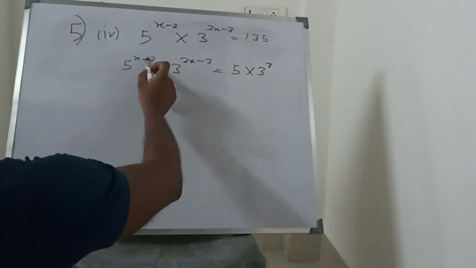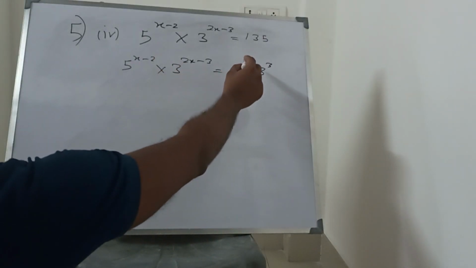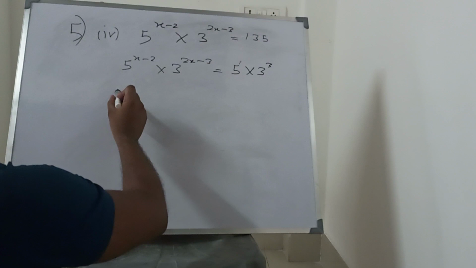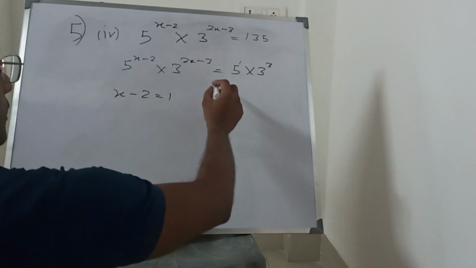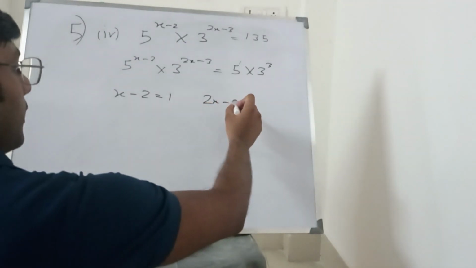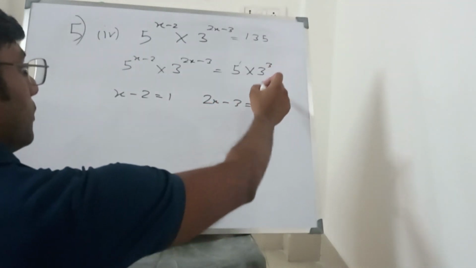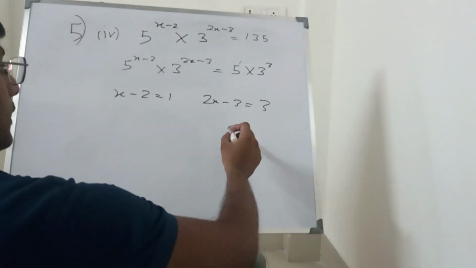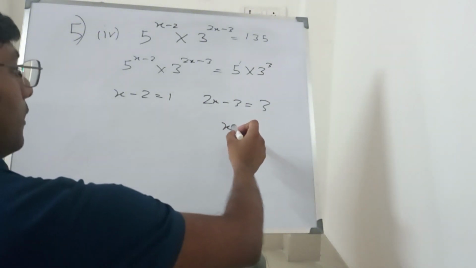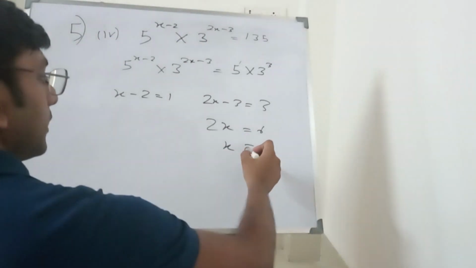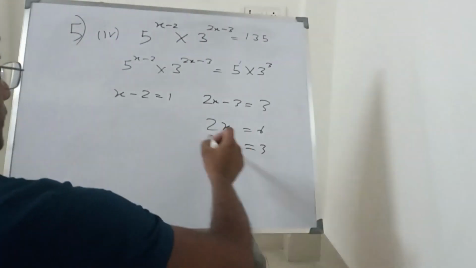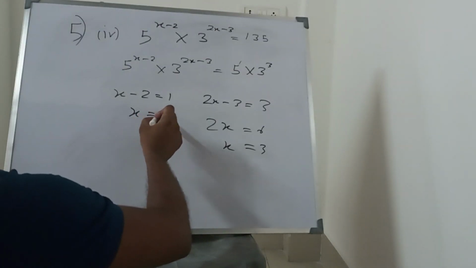So this 5 to the power x minus 2 can be directly compared to this 5 to the power n. So you will get x minus 2 equals 1. Over here, if you compare it, 2x minus 3 equals 3. So 3 and 3, it will become 2x equals 6. So x is nothing but 6 by 2, that is 3. And over here also, you will get 3.